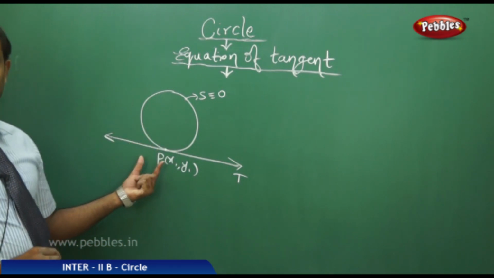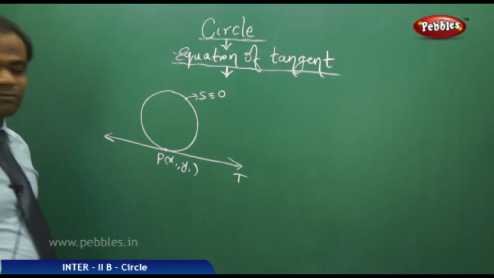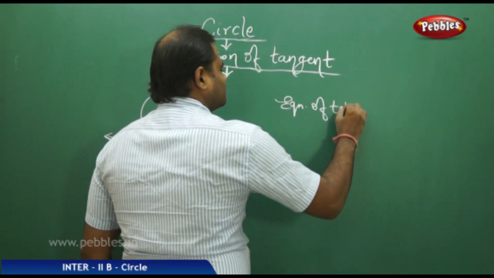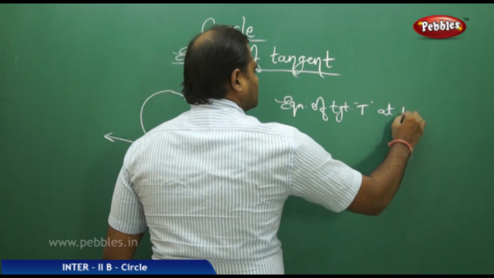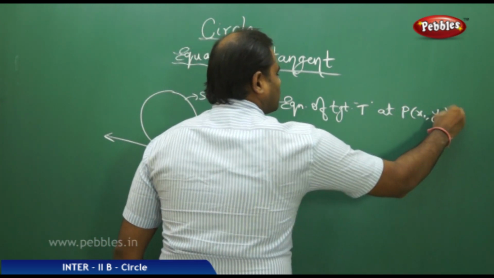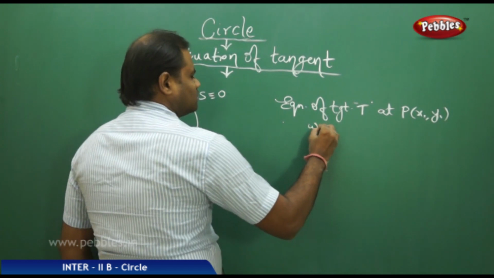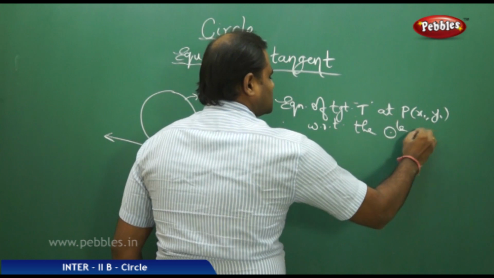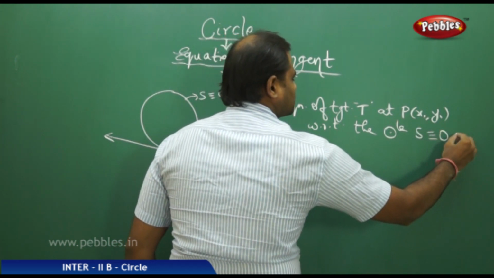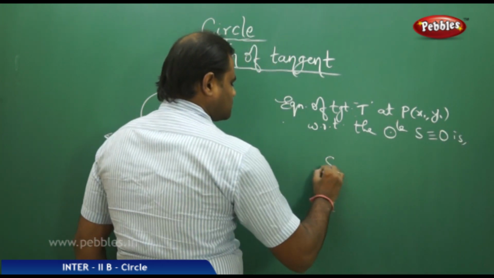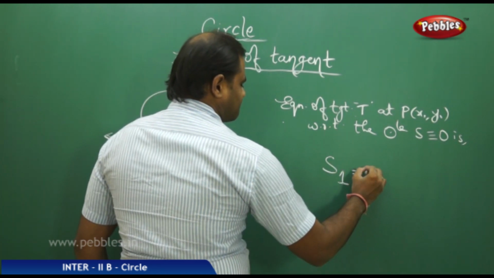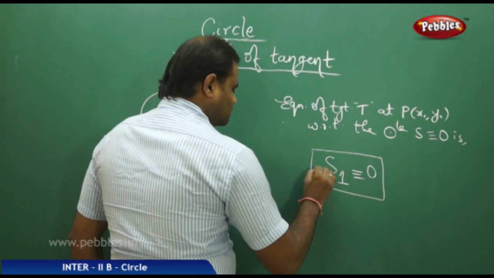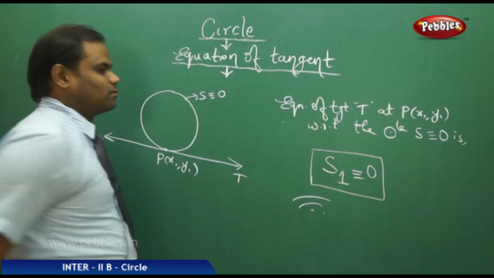Then the equation of tangent at the point of contact P(x1, y1) with respect to the circle S equal to 0 is S1 equal to 0.